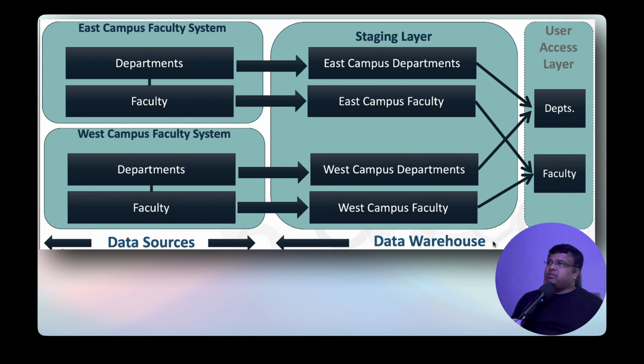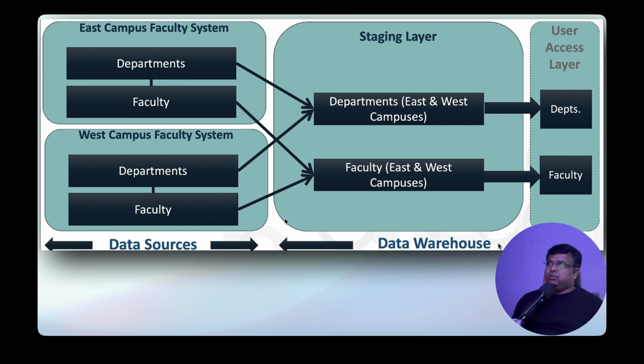So we would have an East Campus faculty table, an East Campus department table, and equivalent tables for the West Campus as well. Later, during transformation and integration, we combine all of those tables into unified university-wide data inside the warehouse. At that point, users can still analyze the data campus wise if needed, but the data warehouse itself presents a consolidated view.